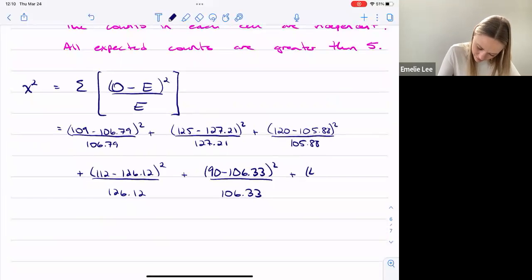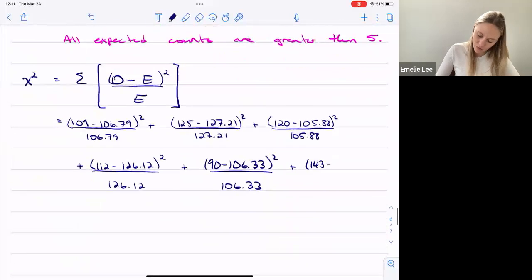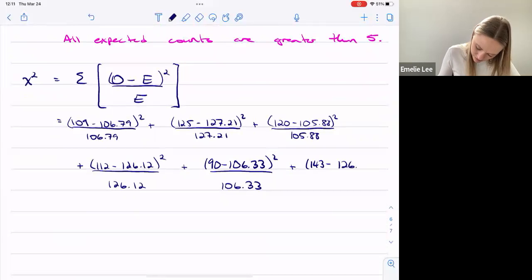Oops, forgot one. It's a big deal. 143 minus 126.67, squared, divided by 126.67.